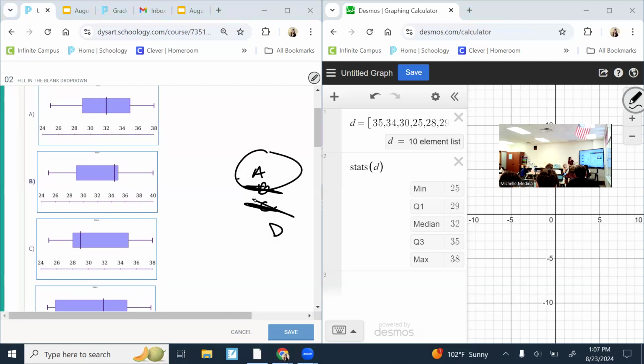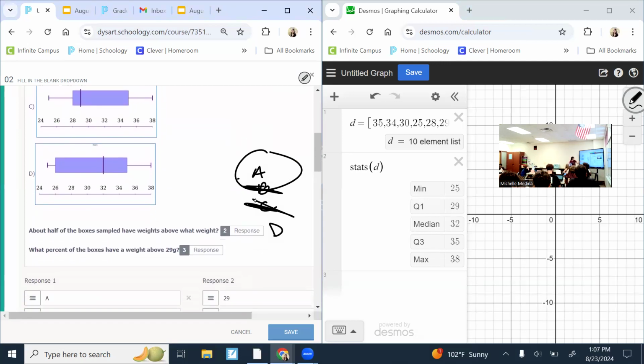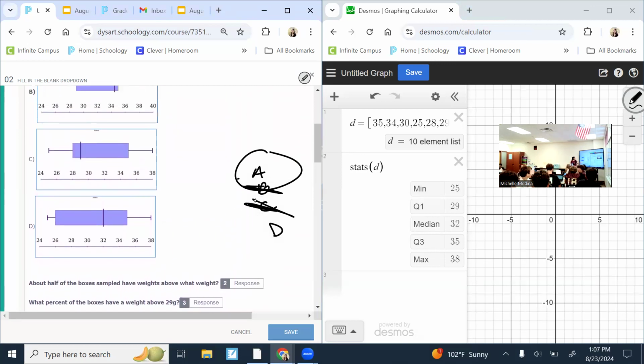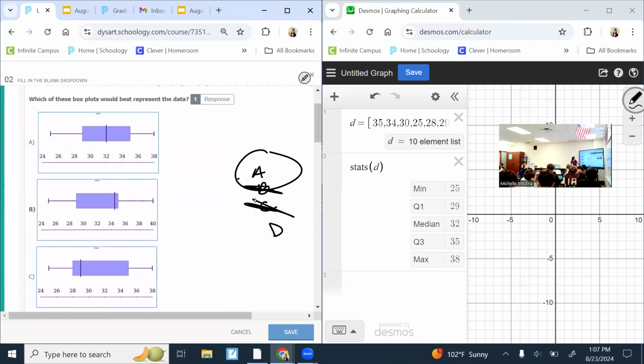It has a minimum at 25, Q1 at 29, Q3 at 35, a maximum at 38. A, and then there were other parts of it. What percent of boxes have a weight above 29 grams? So I'm gonna look at A because that's the correct box plot. 29 is here.